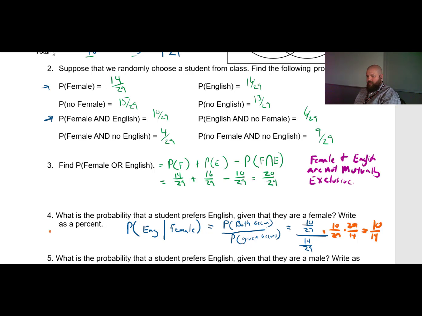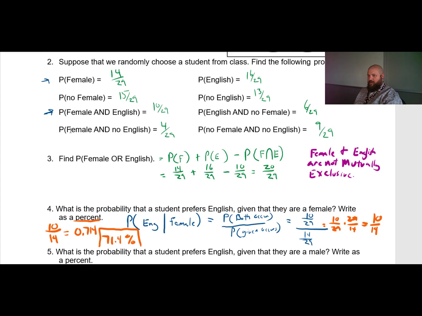And 10 over 14, if you put that in your handy dandy calculator or Desmos app or whatever calculator you're using, you should get 0.714, which is 71.4%. You gotta read the problem, make sure you answer what it's asking for. So it's 71.4%.